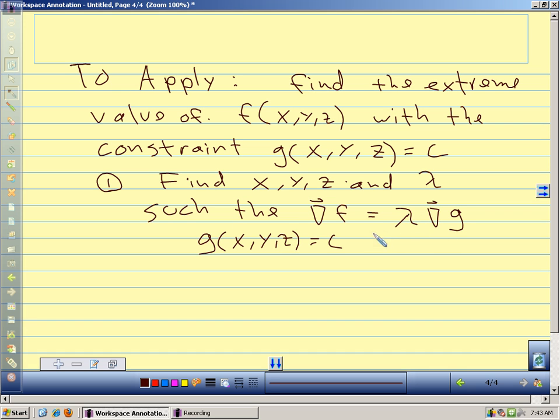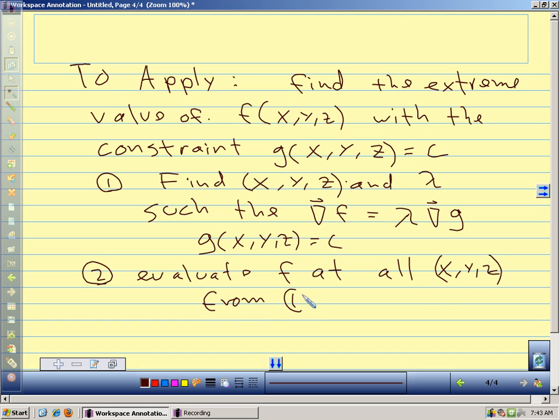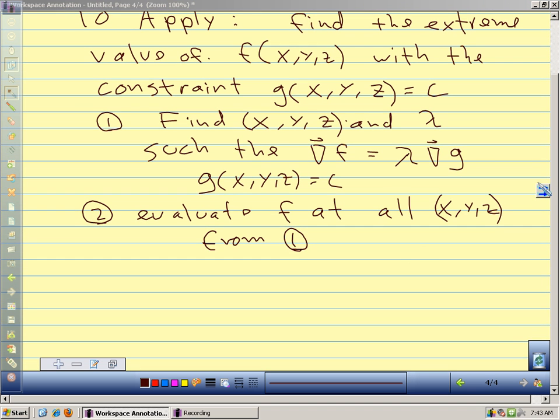We end up equating components. We evaluate f at all of our x, y, z found using Lagrange multipliers. The largest is the maximum, and the smallest is the minimum of f subject to that constraint.